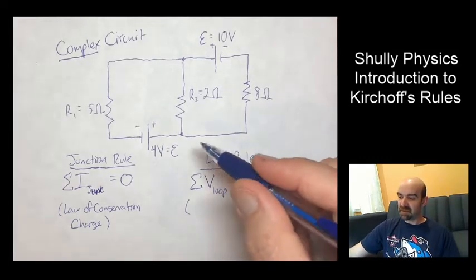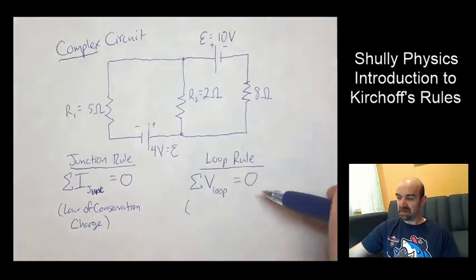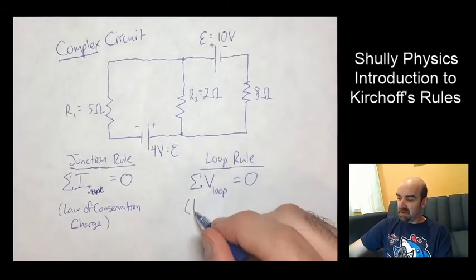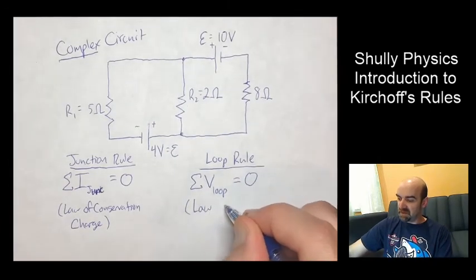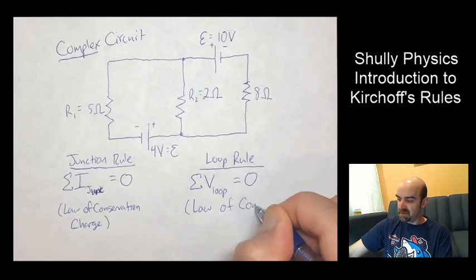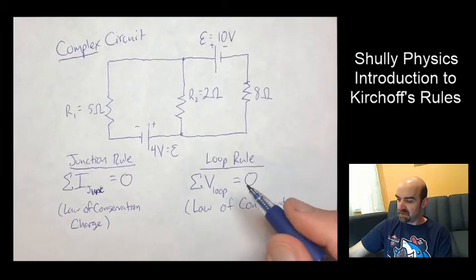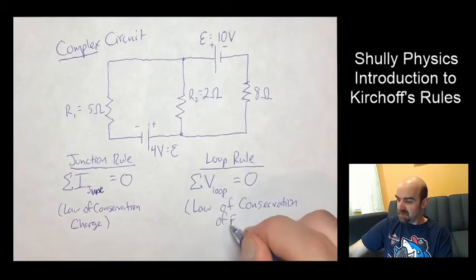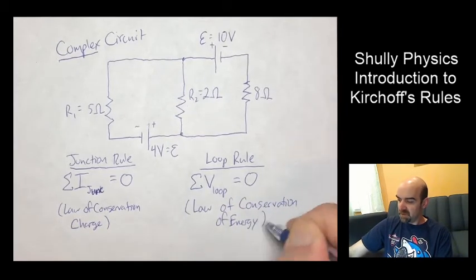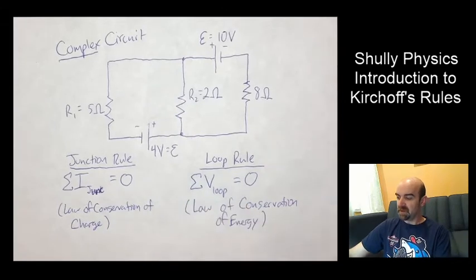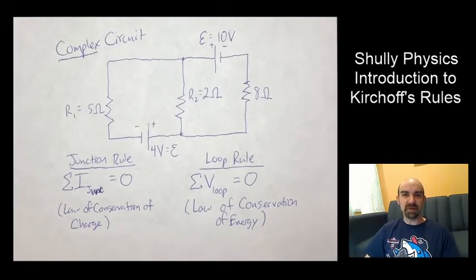And if you didn't catch that drift, this is from the law of conservation of energy. Looks like I need another O there. There we go, law of conservation of energy. So these are the two rules. They're based off of conservation laws, and if we apply them, then we can solve this complex circuit.